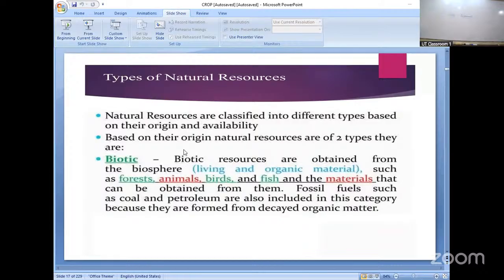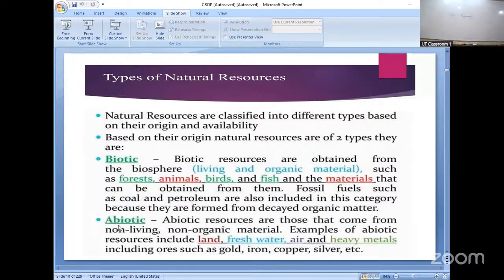Which we derive from the biosphere. Biosphere means all the living components, whether animals, forests, birds, fish, materials, right? And fossil fuels have also been categorized in the biotic component only, which we derive from decayed organic matter, you know? And the second is the abiotic component, like land, air, fresh water, and the minerals.